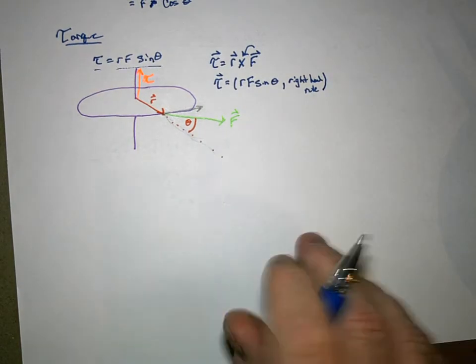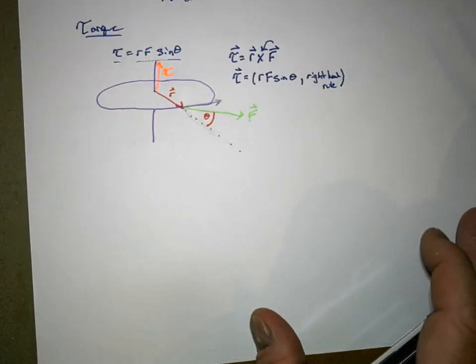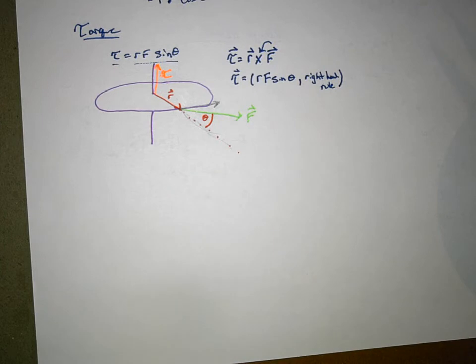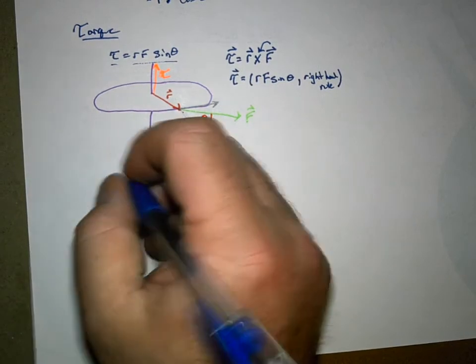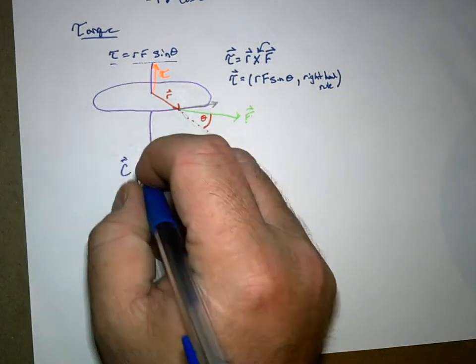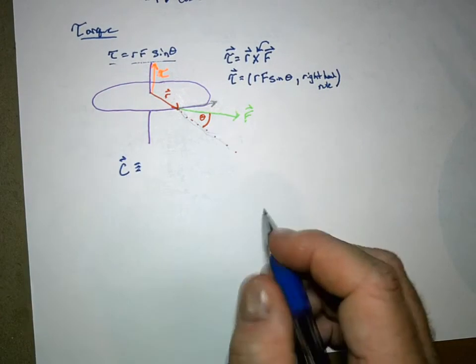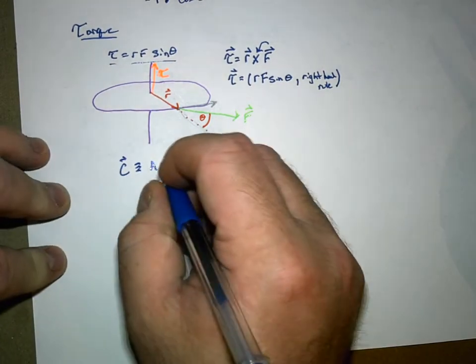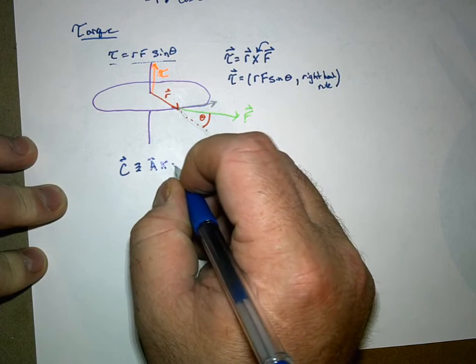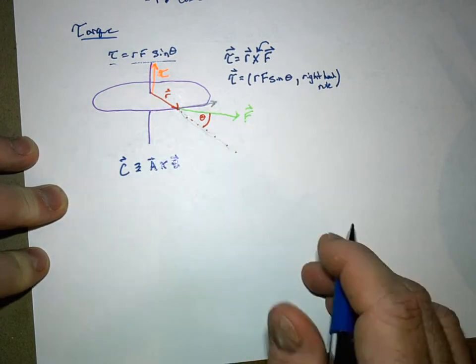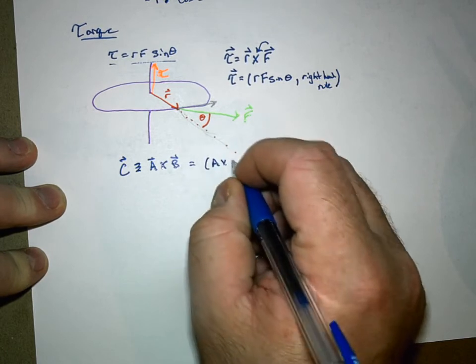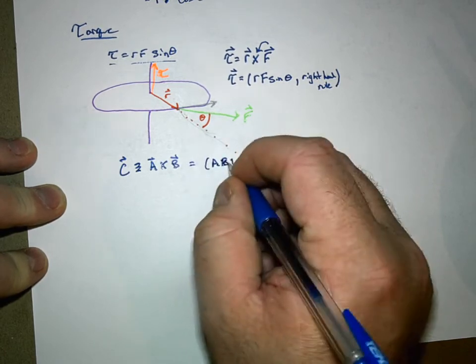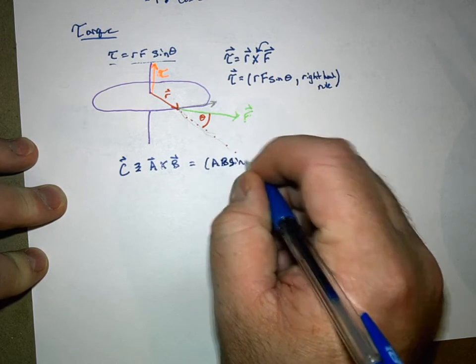So we're going to do some pure math here for our vector operation. We're going to define a vector C. Our vector C is defined as vector A crossed with vector B. This is going to equal AB sine theta.